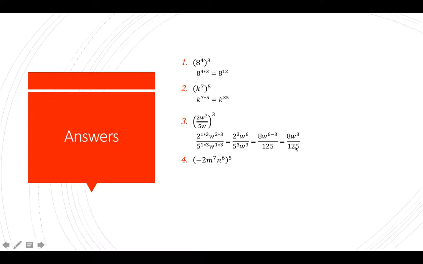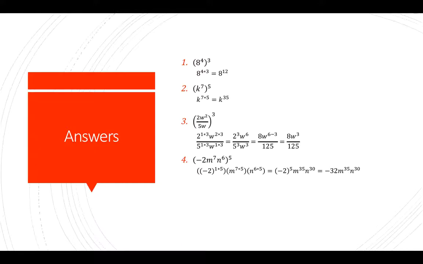Number 4, we have negative 2m to the 7th power, n to the 6th power, all of that raised to the 5th power. So all of that together, I mean, we have that negative 2 here in the front. That negative 2, that whole expression right there is negative 2. So the whole thing has to be raised to the 5th power.